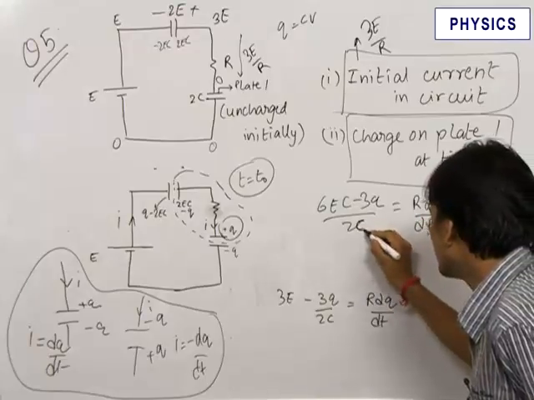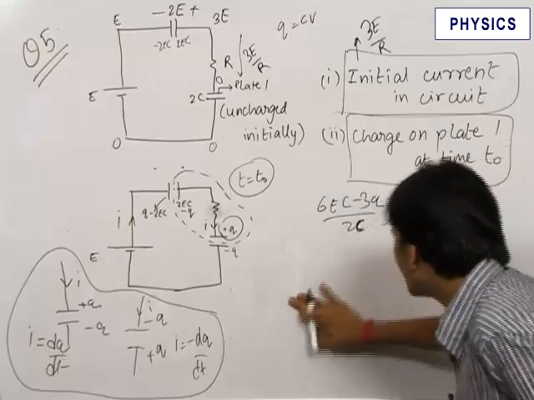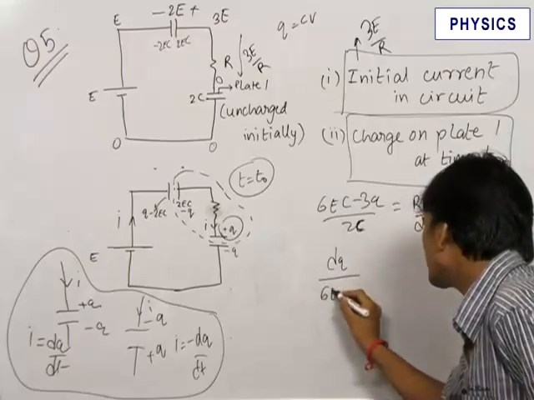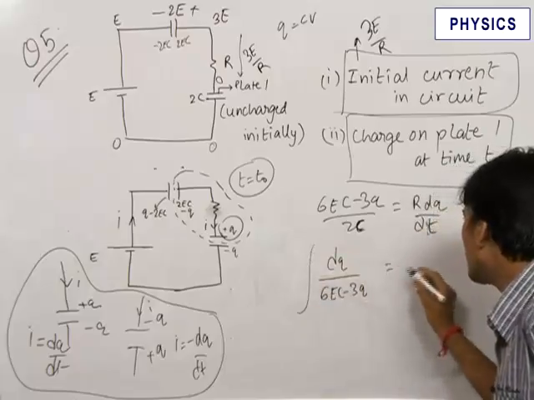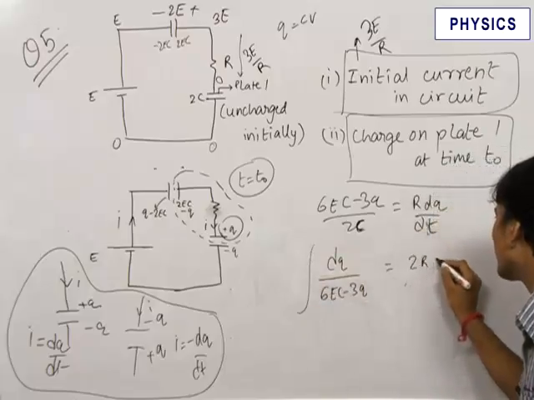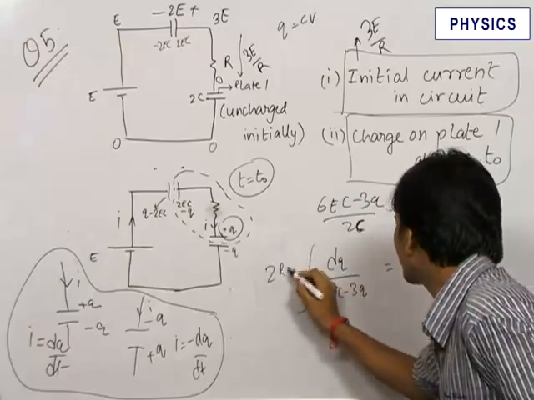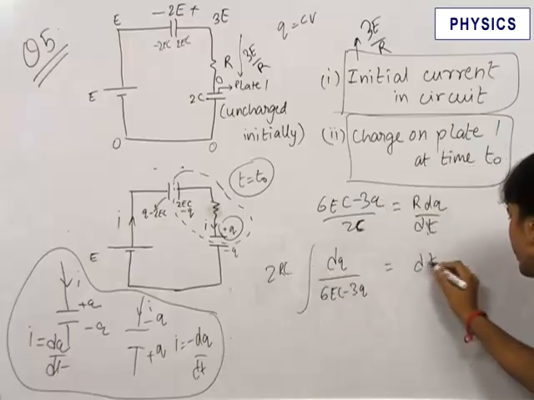Now this can be easily solved. We write dQ upon (6EC minus 3Q) equal to dt upon 2RC, so 2RC into dQ upon (6EC minus 3Q) is equal to dt.